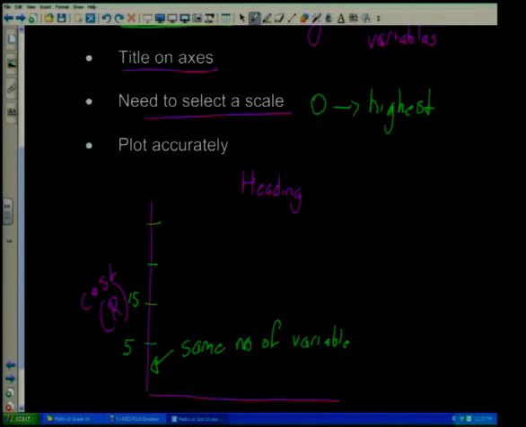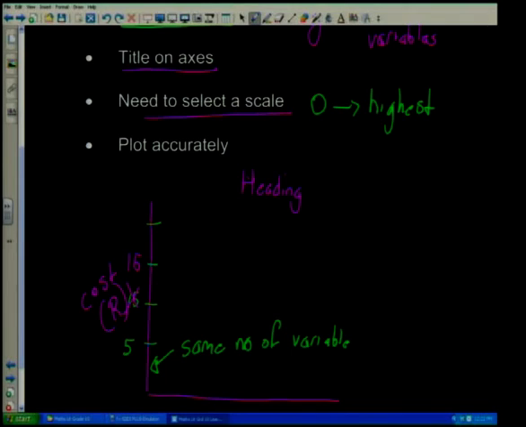I cannot do that. So that is, in fact, wrong. What I need, if I'm going up in 5, then I must go 5, 10, 15, and 20. So 15 would be there, and 20. So it's important to check your scale out and then divide it equally. And each block must represent the same number of units.